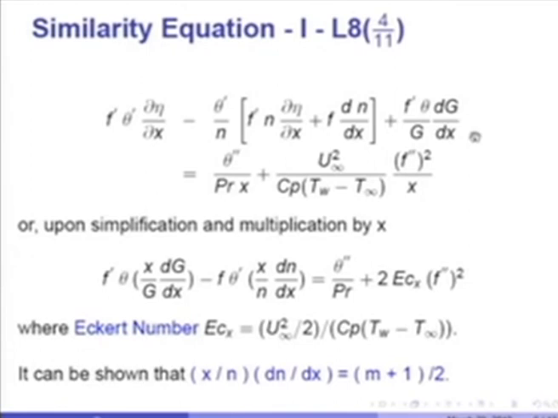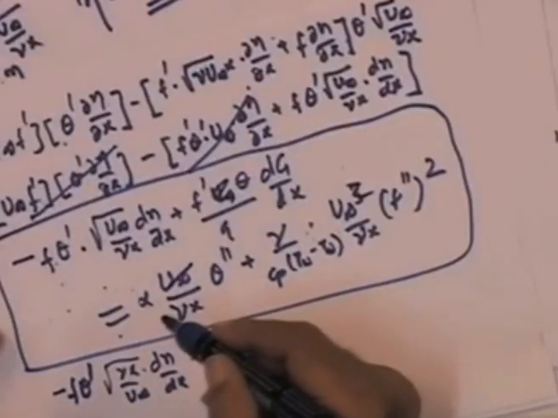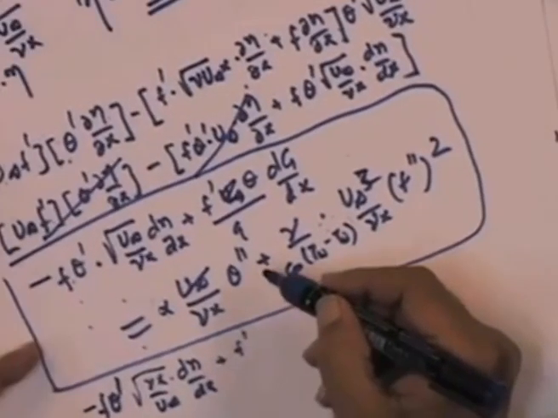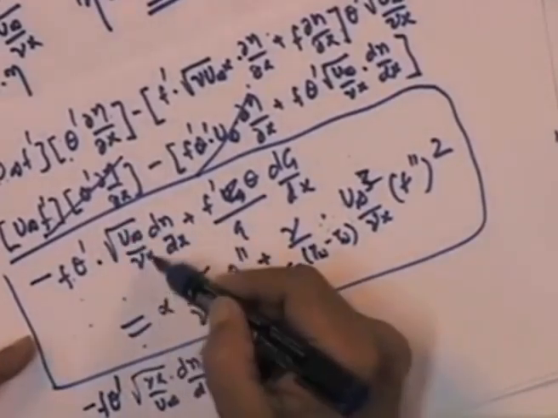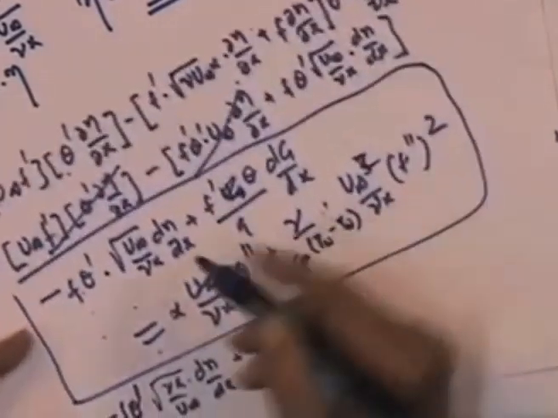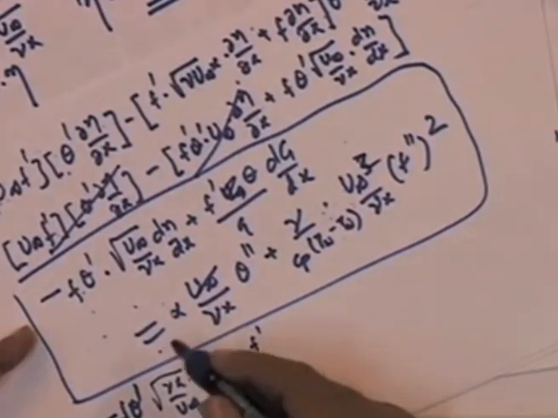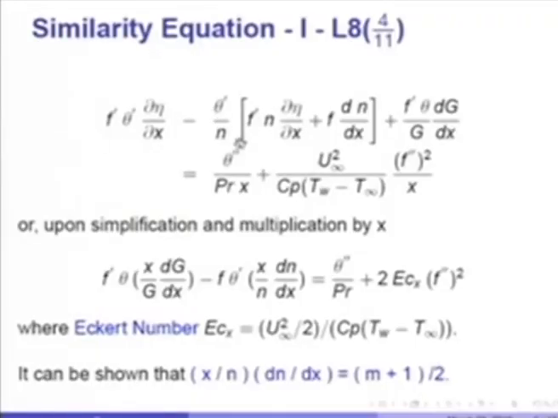So, my purpose is then f dash theta, and this will become u infinity squared because I have divided through by this. So, this will go and this will go, and u infinity by nu x is really n over nu x, and that is how this and this term gets cancelled.